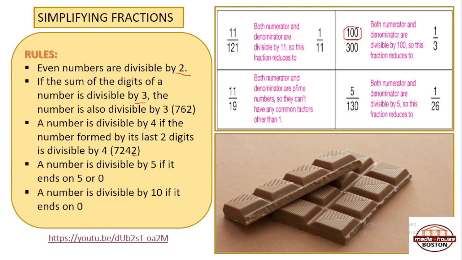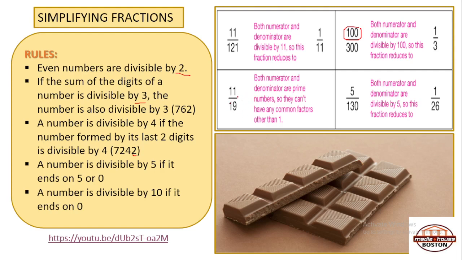And where both numerator and denominator do not fall within the prime numbers, which I did mention: 1, 2, 3, 5, 7, those are what we call your prime numbers. If it doesn't fall within there, then we cannot have a common factor to use to simplify this.